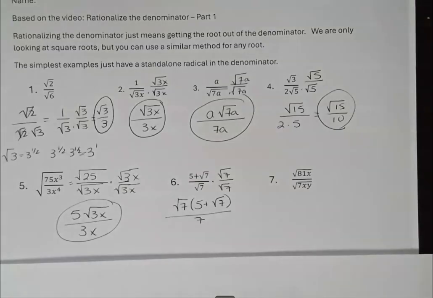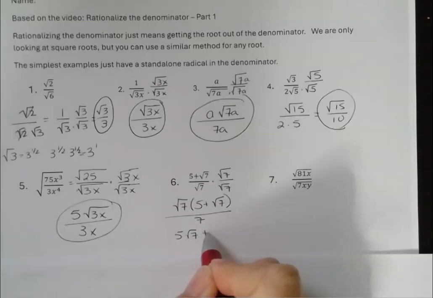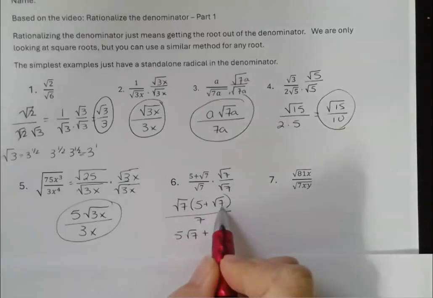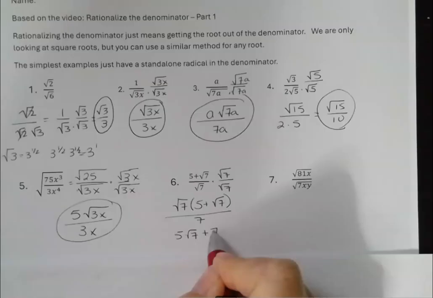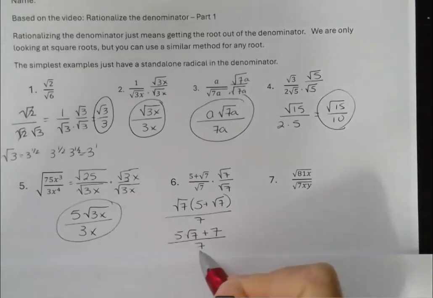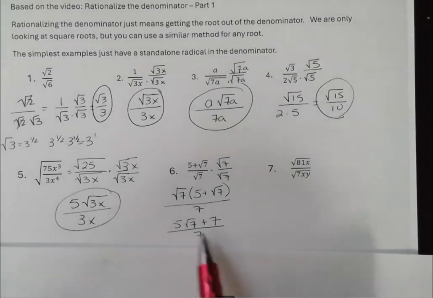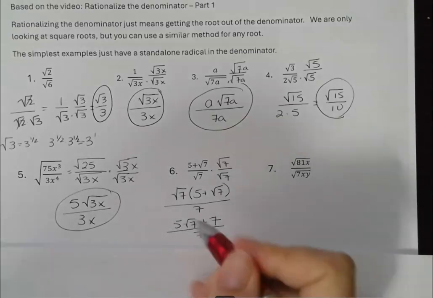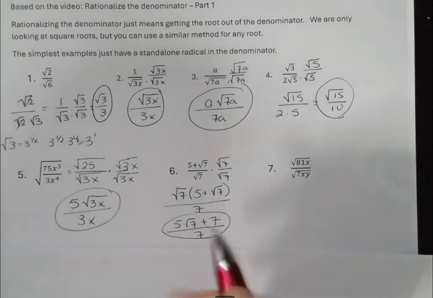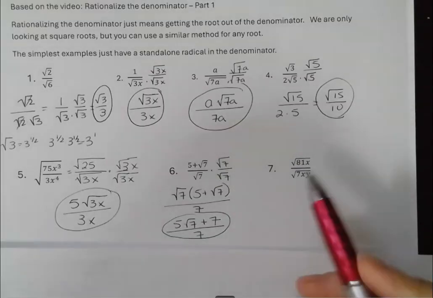But then when I distribute that, I'm going to get 5 square root of 7 plus 7, because the square root of 7 times the square root of 7 is going to be 7, over 7. Can I just cancel those 7s? It looks very tempting, but I can't do it because that 7 goes to the first term as well as the second term. So I can't go any further than that. I could separate those out, but it's not that useful. So I would just leave it that way.